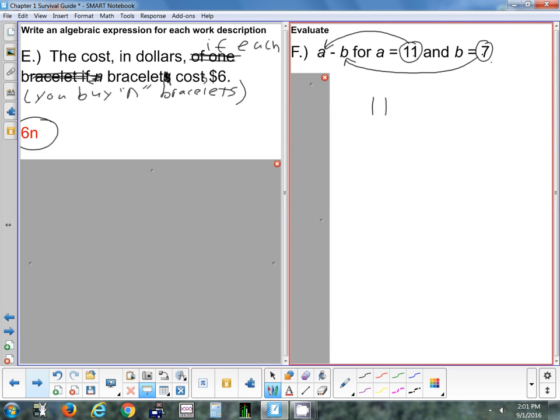So that's our first step. We got 11 take away 7. Now, is that something I could simplify? Take a second on your own and see if you can simplify it. On tests, you'll be able to use a calculator if you need to. Liam, if we do 11 minus 7, what does that give me?